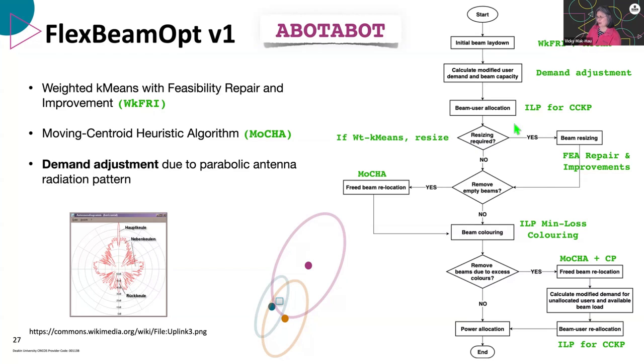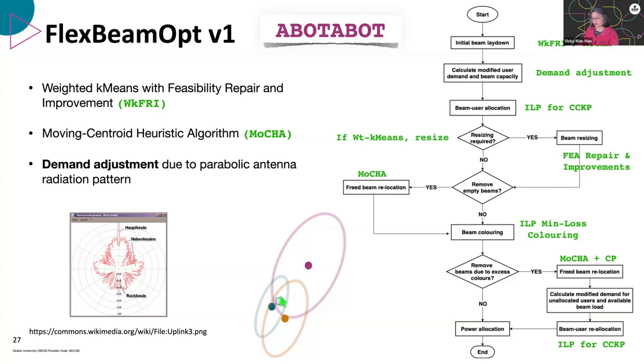Oh, I forgot to talk about domain adjustment. Remember this diagram that I mentioned earlier, we have the main lobe and side lobe and all the rest of it. If I have a user and I've got three options, allocated either to the blue beam, or the red or the orange beam. Because it is very close to the center of the blue beam, you don't have to adjust the demand very much.